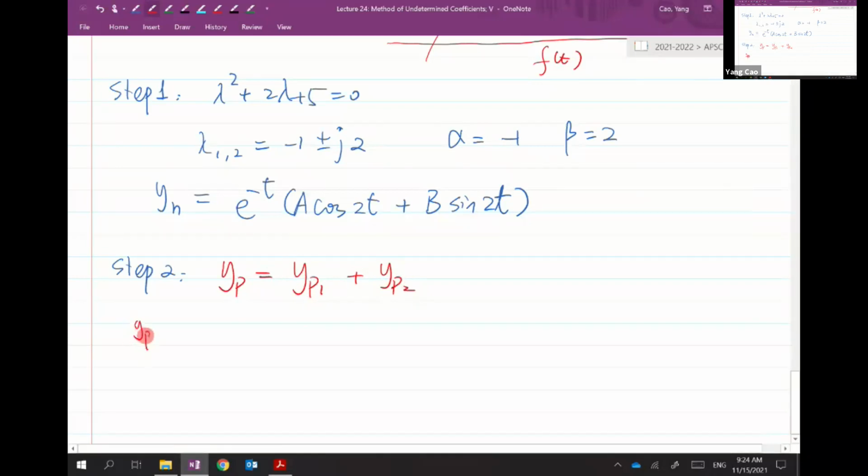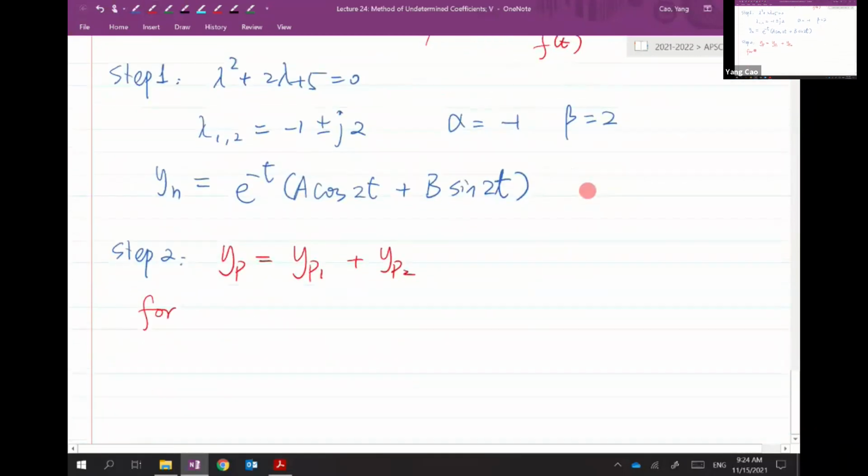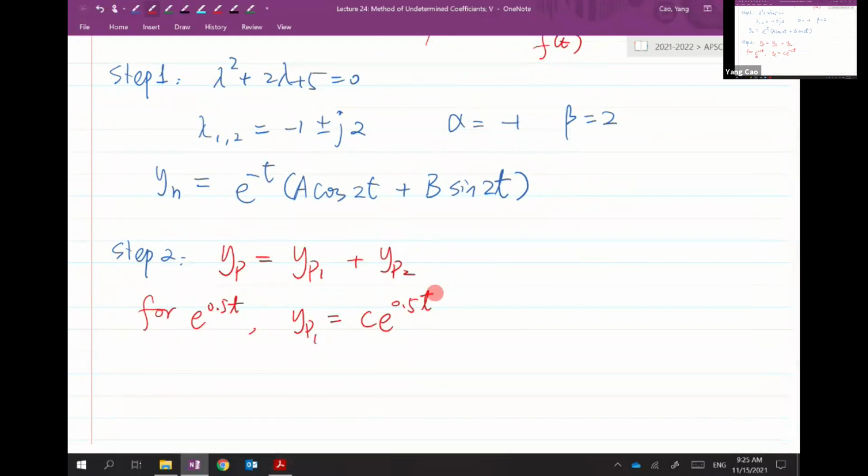So YP1 is basically for that e to the power of 0.5 t. You can write down your YP1, and that's C e to the power of 0.5 t. That's based on the table. If your input is this, then your particular solution will be this.